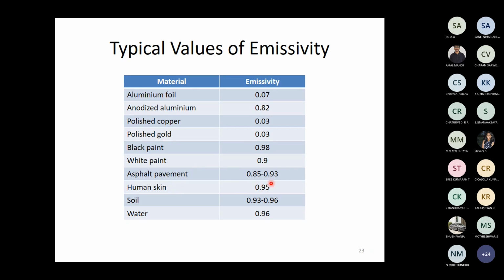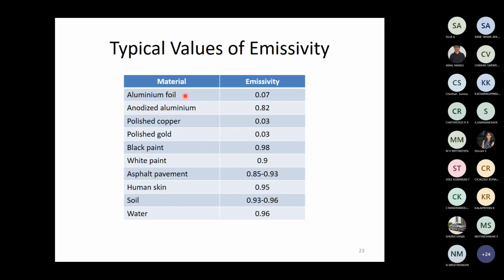Similarly, human skin has an emissivity of 0.95. Water is 0.96. That means hot water will actually emit a lot of radiation. Soil is 0.93 to 0.96. So in this way we have different values of emissivity, and this emissivity data is available in data books. Black paint has a high emissivity of 0.98. That means when you paint a surface black, it will actually emit a lot of radiation if it is hot.